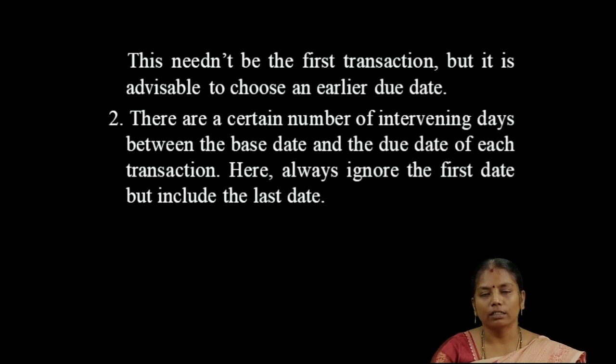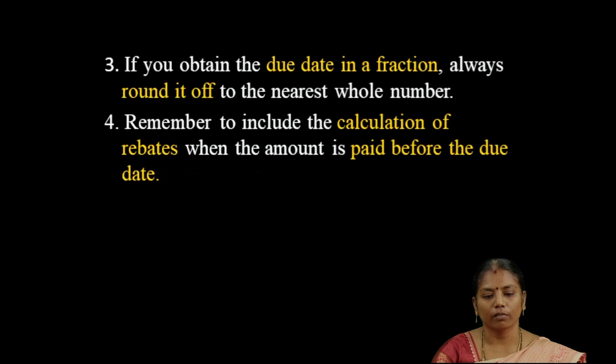There are a certain number of intervening days between the base date and the due date of each transaction. Here, always ignore the first date but include the last date. Next, if you obtain the due date in a fraction, always round it off to the nearest whole number.